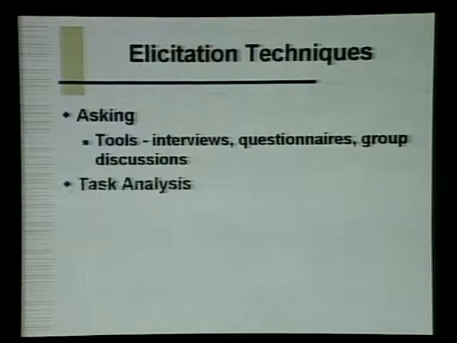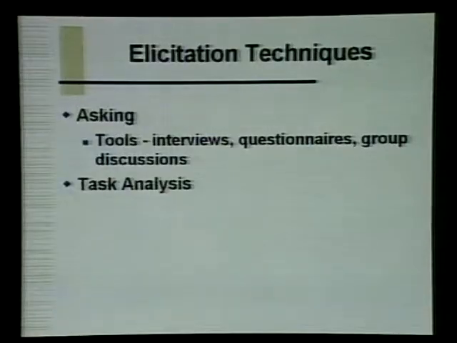The second technique which can be used to gather the requirements is task analysis. See what's happening in the organization, what they are really doing, and how they do it. Use your common sense to analyze different tasks which are performed in that organization or different tasks which your software should be performing.